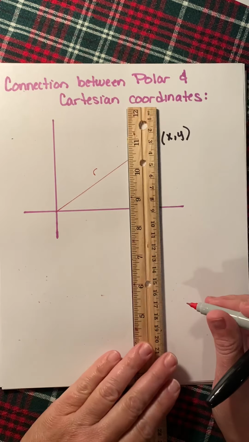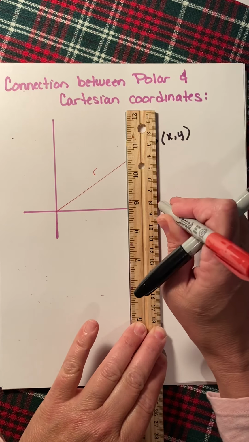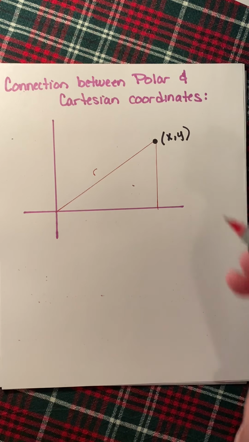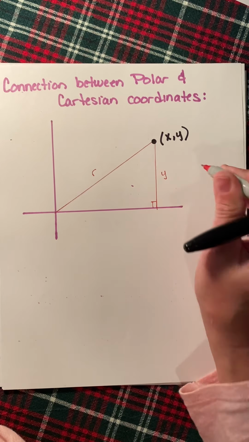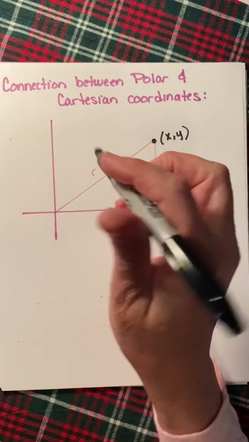If you remember from your trig days, we always drop vertical lines to the x-axis. We never go to the y-axis, because that provides misleading information. So we look at this right triangle. The side of this triangle is x, and the side of this triangle is y. I'm drawing it in the first quadrant, but this works for any point in any quadrant.